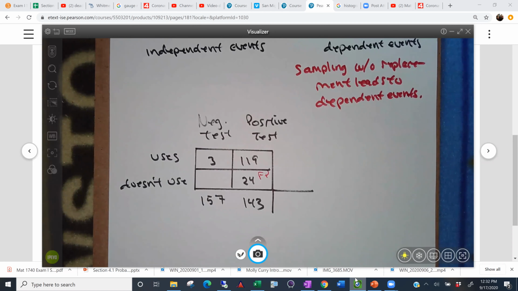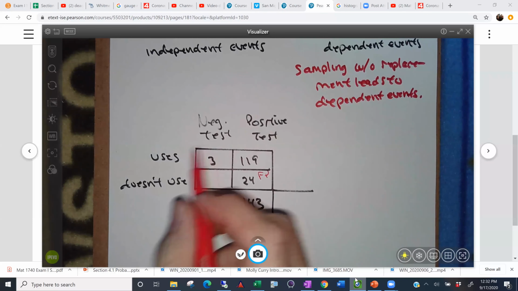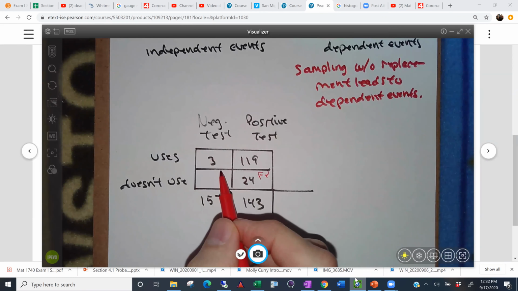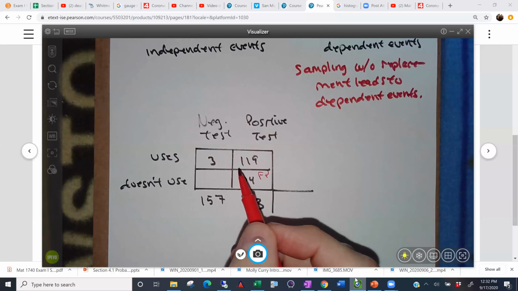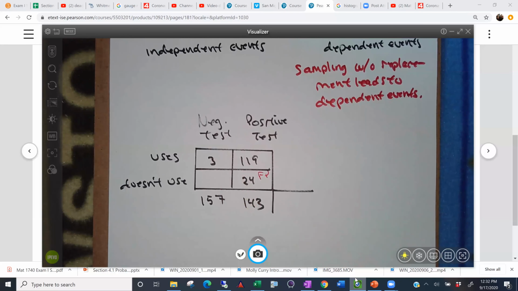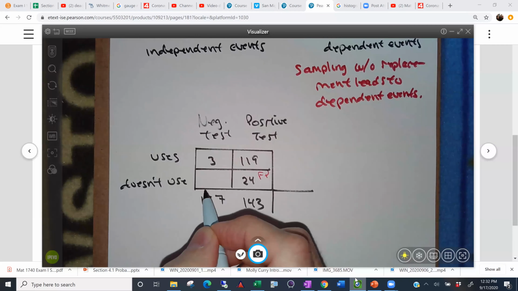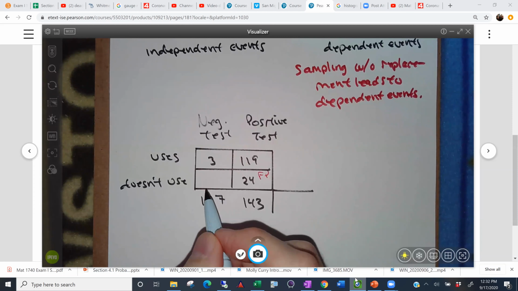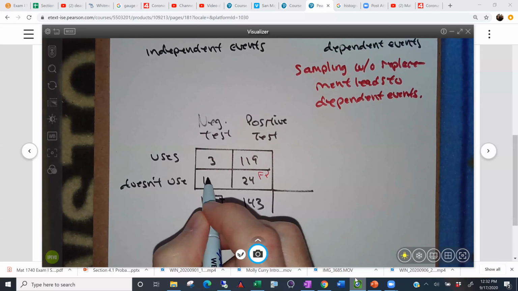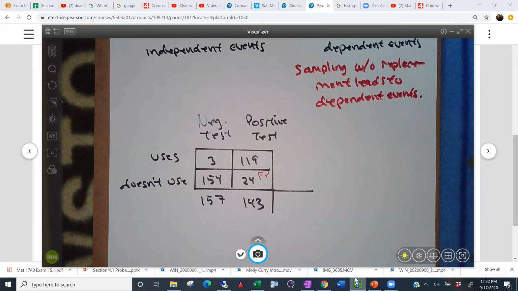I kind of wonder if he's going to change this in the 14th edition because marijuana is legal in a lot of states now. So we'll see. In any case, what's that leave here? Somebody I haven't heard from today. What's going to go in this last cell? 154. Thank you. Beautiful.